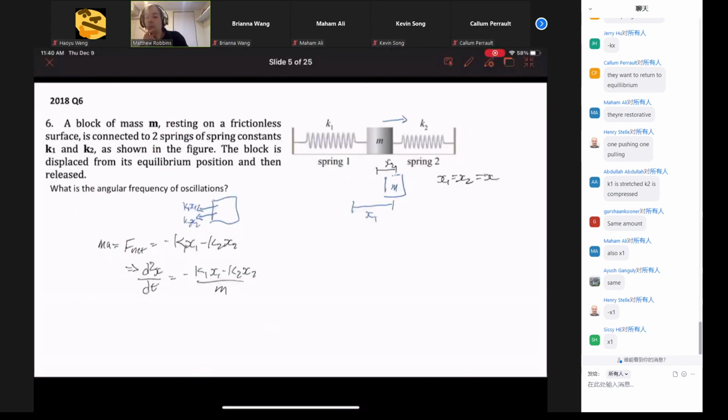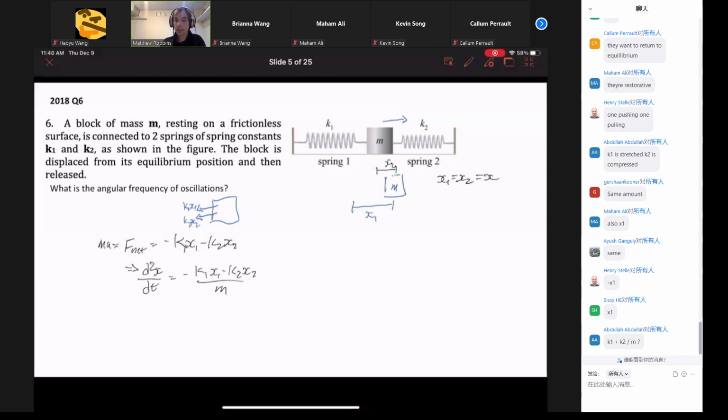So then what is going to be my effective spring constant here? It's going to be k1 plus k2. Basically, we can rewrite this as negative k effective times x divided by m.